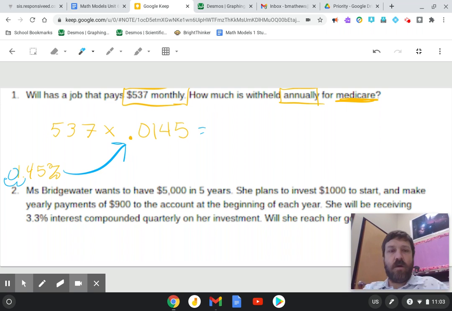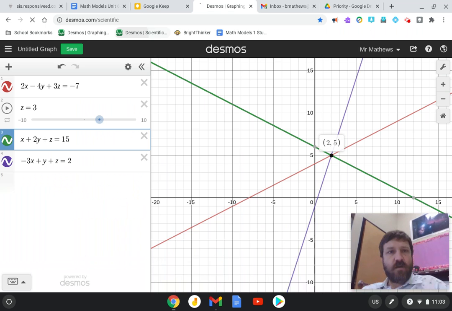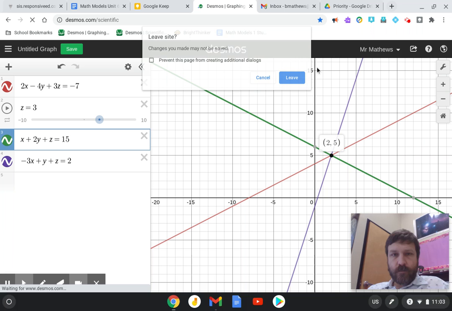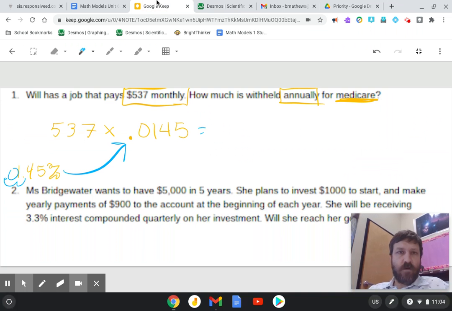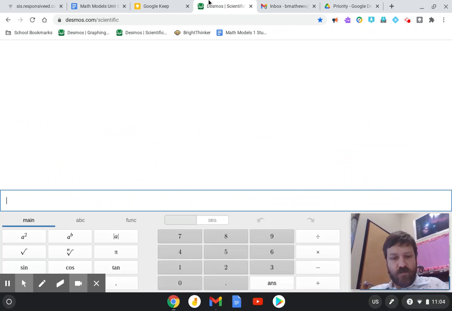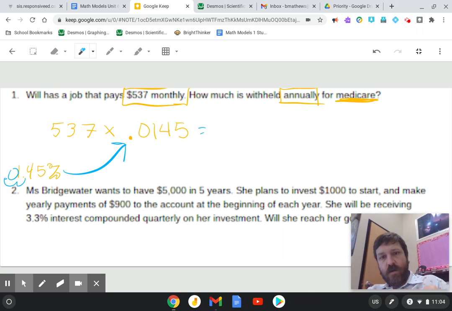All right, so let's go over to our calculator and find out what that is. It's going to be 537 times 0.0145, and we get 7.7865. We're going to round to the nearest cent, so $7.79 is what's going to be withheld each month.